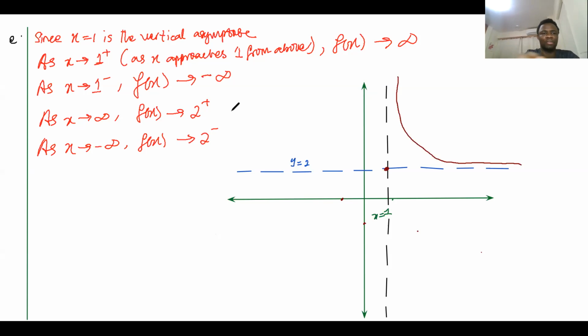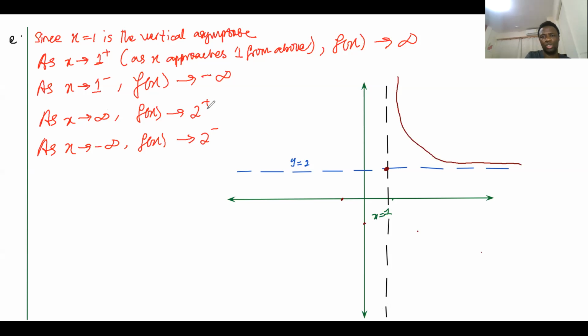So I'm going to go through it again. As x tends towards 1 from below, this is 1. From below means from the negative side, all right? The function goes towards negative infinity. So remember, it doesn't touch this line. It's going to be coming from here and it's going to go down. But even if you don't want to look at it that way, when x tends towards infinity, which means going this direction, the function tends towards 2 from above.